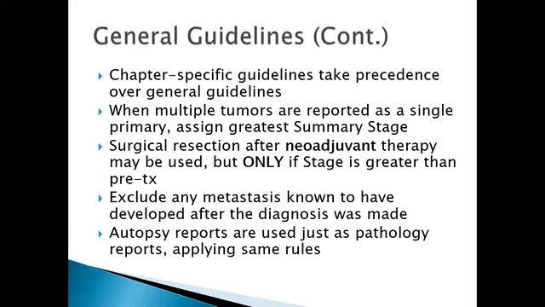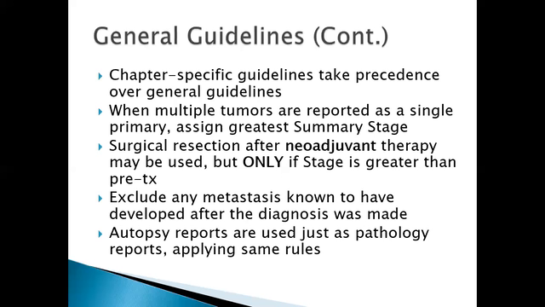When multiple tumors are reported as a single primary, basically a single abstract is being completed, assign the greatest summary stage from any of those multiple tumors, okay? So if one tumor is more extensive than another tumor, then that's what you're going to assign as your SEER summary stage.